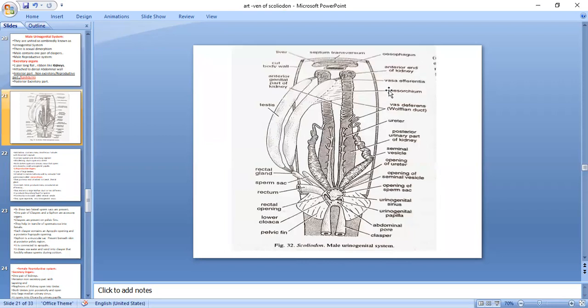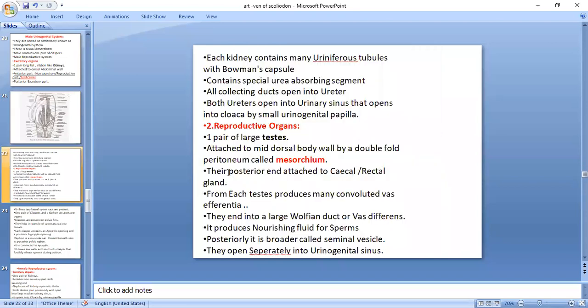It was asked, of course, not only for fish but also for the frog. In most vertebrates, it is called the mesorchium. That fixes the testis in position, and it is attached to the dorsal abdominal wall. It is attached to the mid-dorsal body wall by a double-fold peritoneum called the mesorchium.